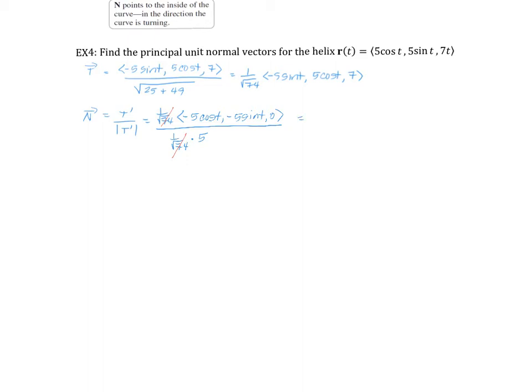And my normal vector is going to be -5 cosine, -5 sine, comma 0, but I'm dividing by 5. So it's going to be negative cosine of t, negative sine t, 0. All right.